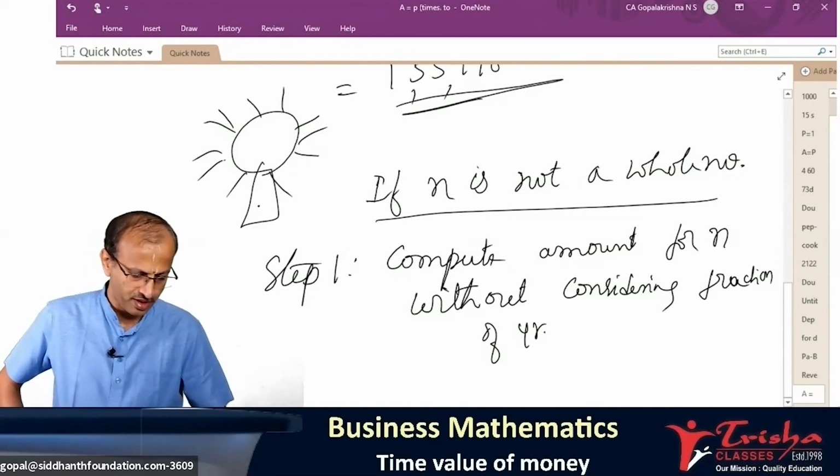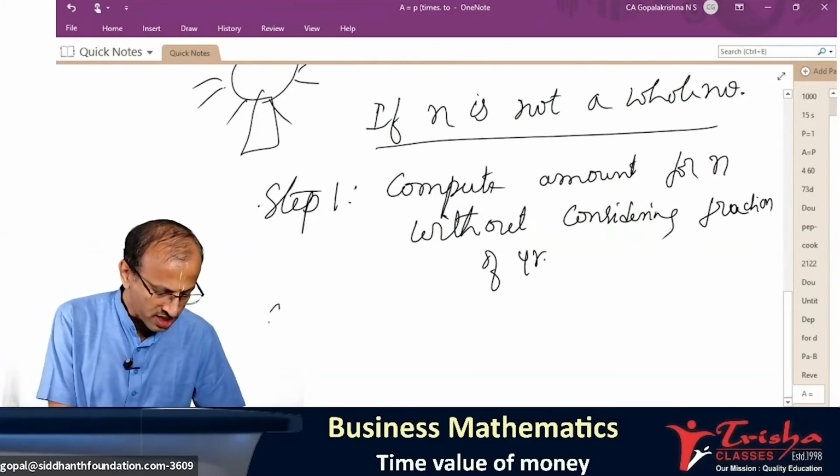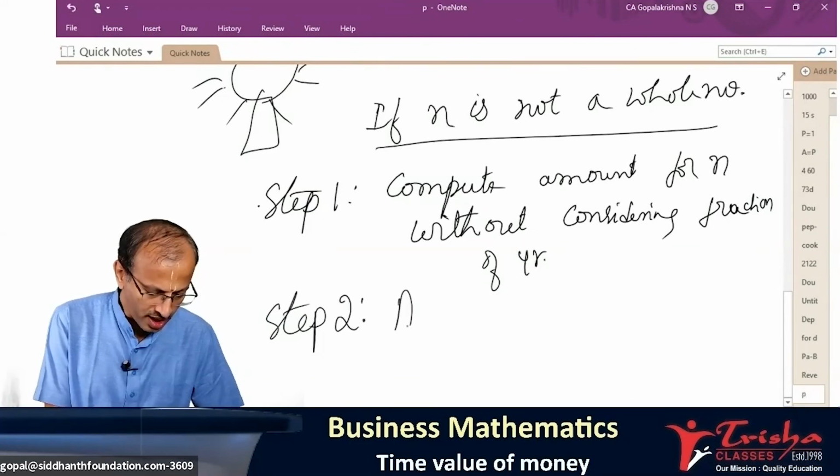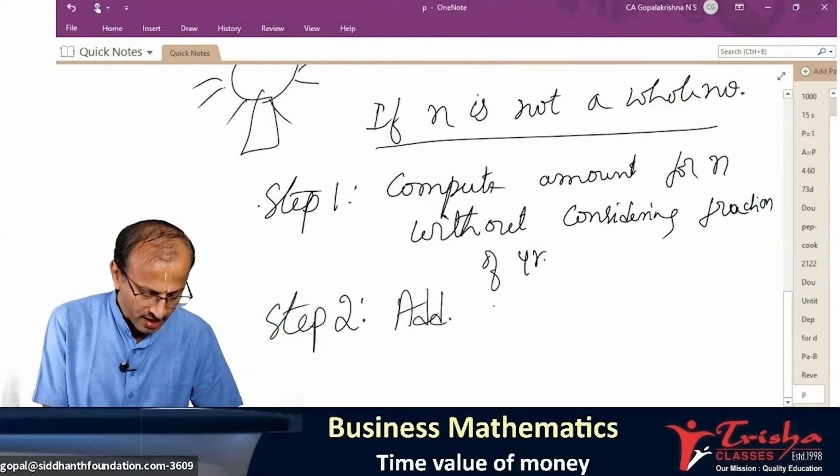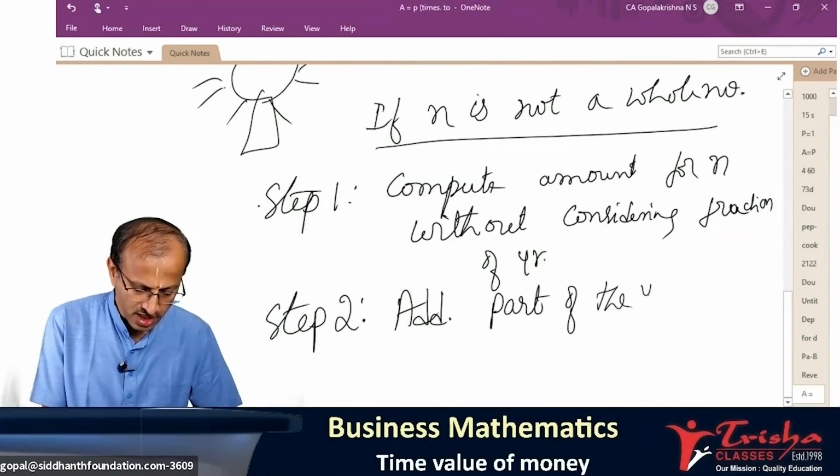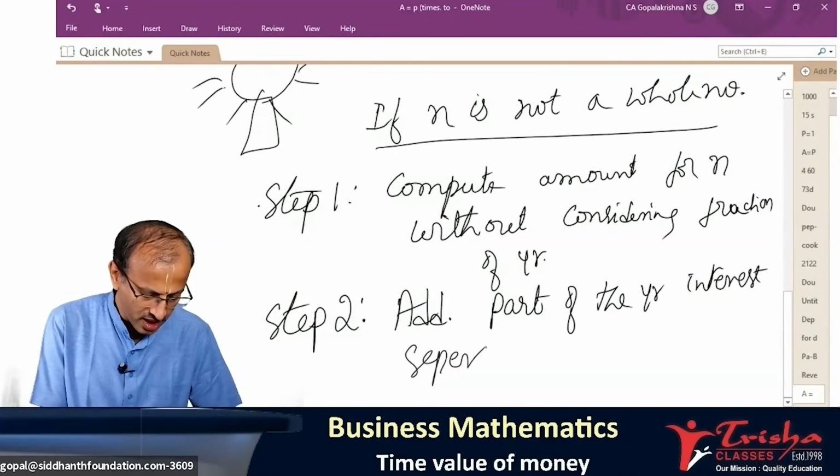This is the first step. Everyone written? Step 2: Add part of the year interest separately.